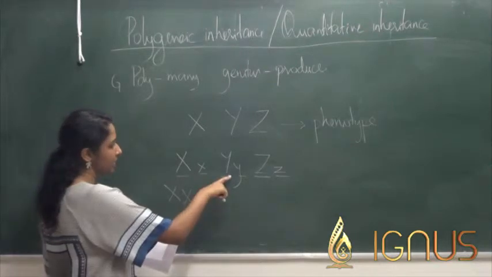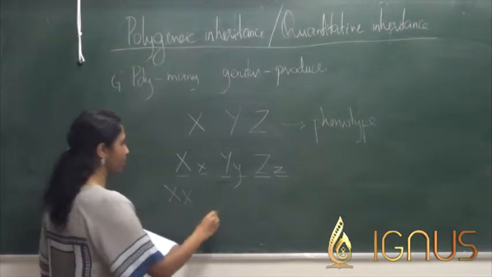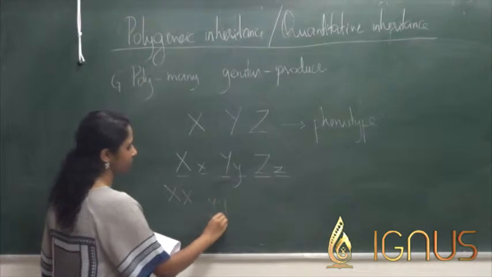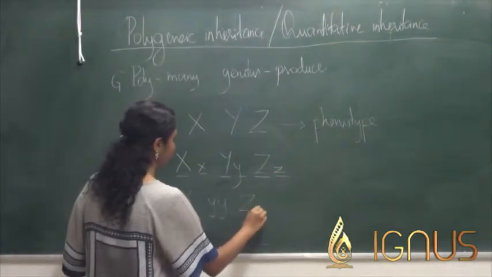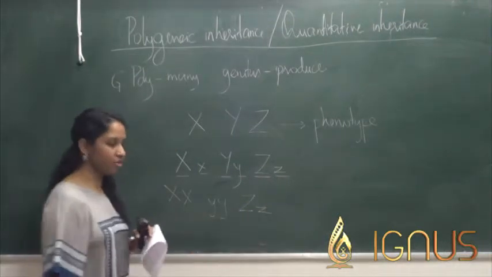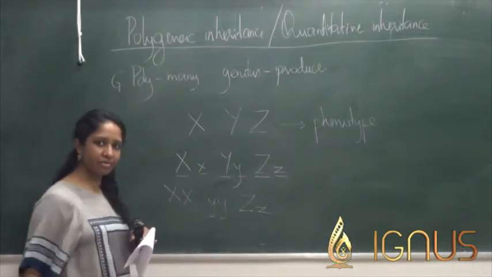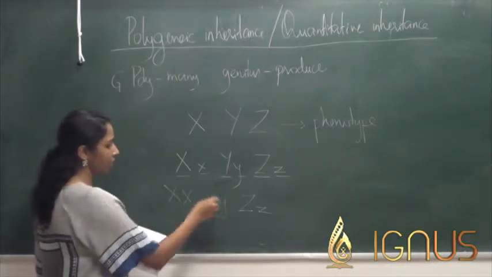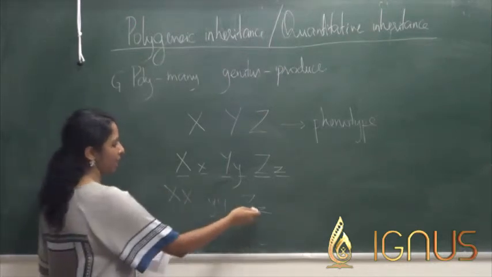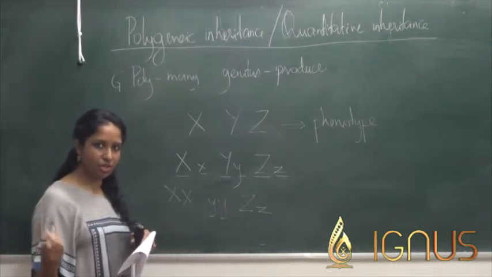Okay, and let's say that this gene Y is going to be homozygous recessive and this gene Z is going to be heterozygous dominant. So you have 3 different kinds of alleles here, one being homozygous dominant, one being homozygous recessive and one being heterozygous dominant.